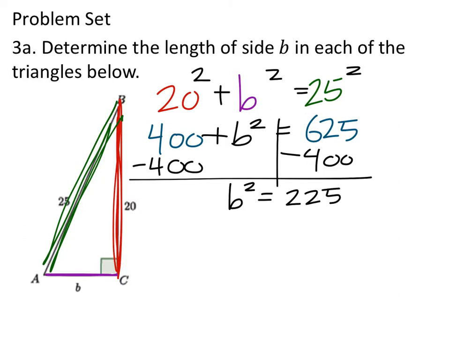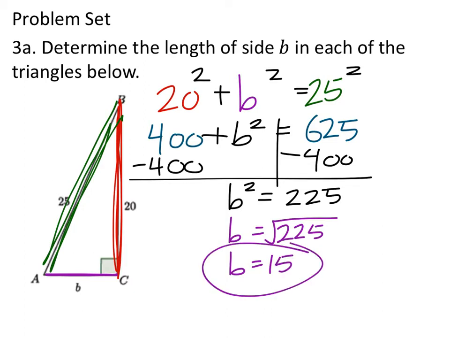And then finally, to solve for this one, I'll square root the area, which will give me the side length B. The area, square rooted, is the side length. If I put that in the calculator, it comes out as a whole value 15. So the answer we want on this one is 15.